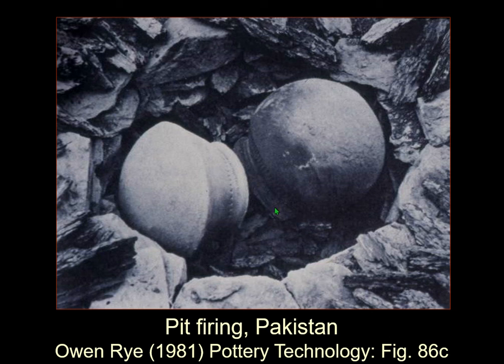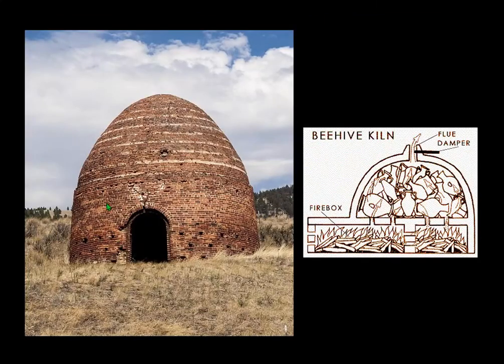And then we come to simple kilns, beehive kilns, in which you have the kiln to contain the pottery, and you put a fire underneath it. And so this heats up the kiln and fires the pottery.